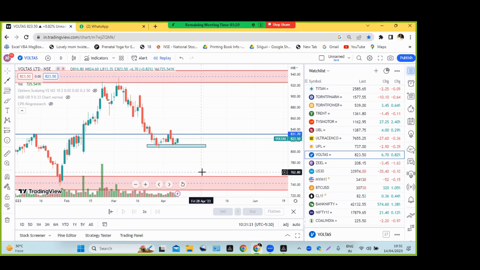Those who are sellers, the buyers are buying their stocks over here at the lower price. So once that is done, they will take what kind of action? Similar to this kind of action.